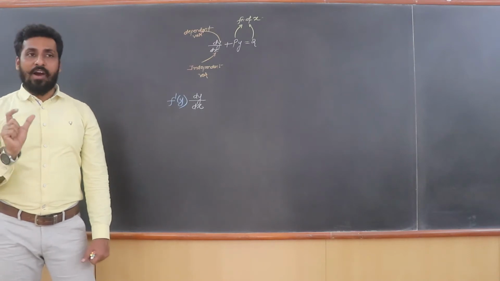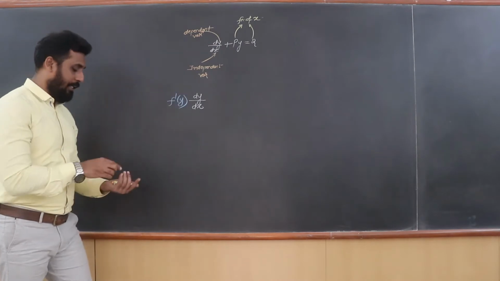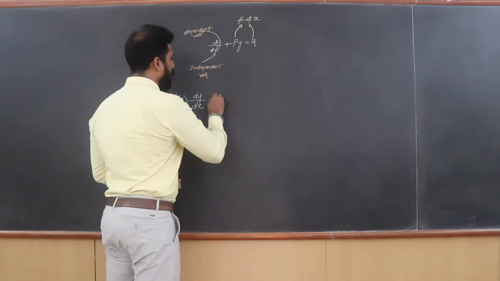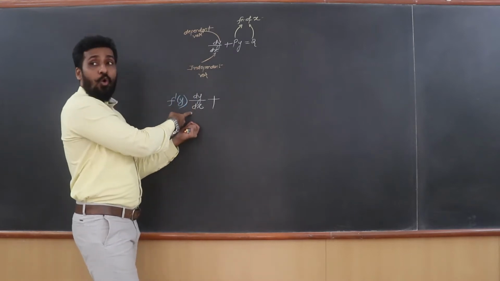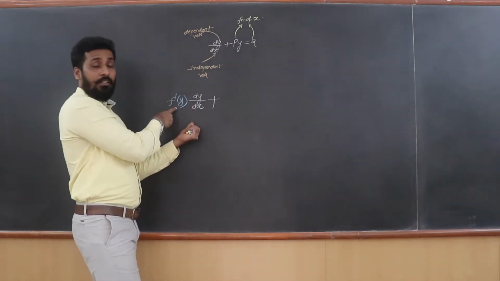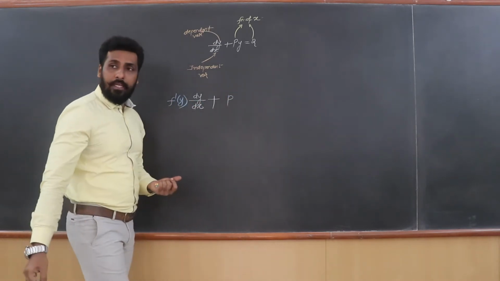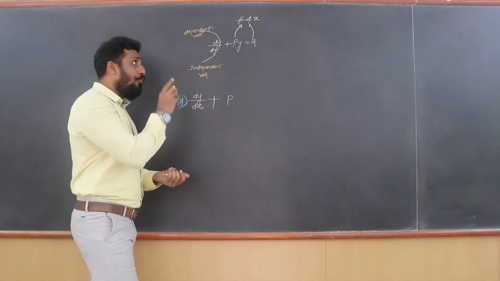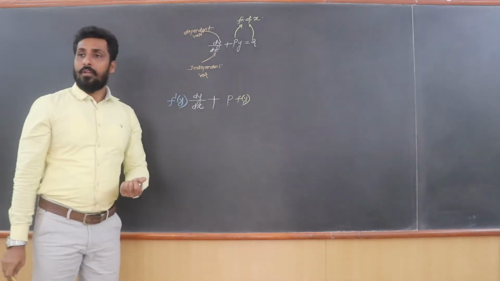So whatever function of y is given to us, the first derivative of that function. So f1 of y dy by dx, then plus p, instead of y, now you will have f of y.